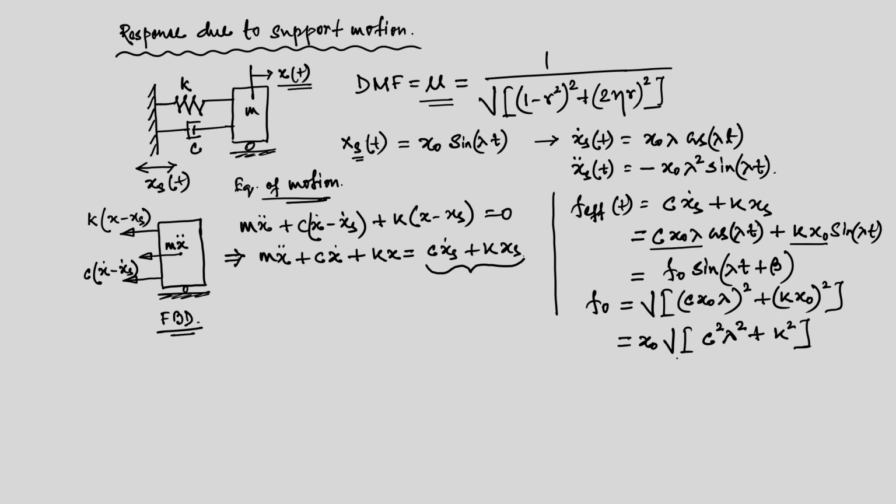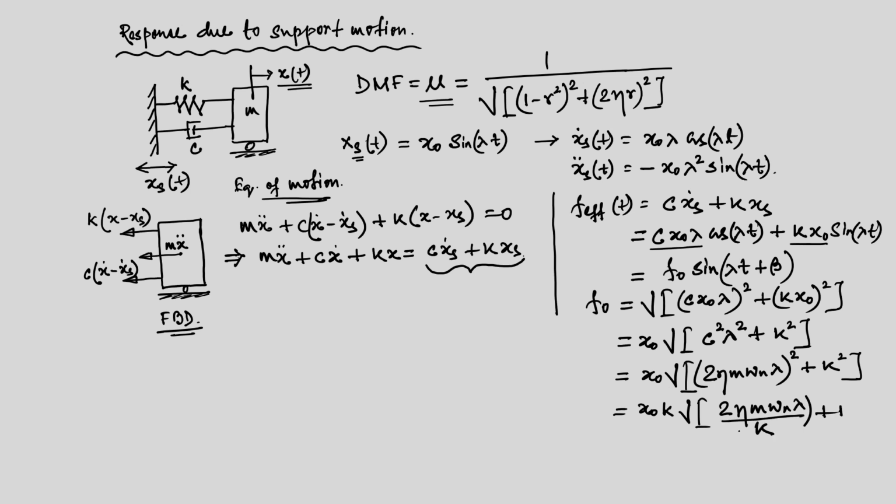Now, in place of c we can further modify. So, we have x naught times the square root of, in place of c, twice eta m omega n, times lambda, whole square, plus k square. Now, if we take k square out, we have x naught k times the square root of twice eta m omega n lambda divided by k, whole square, plus 1.